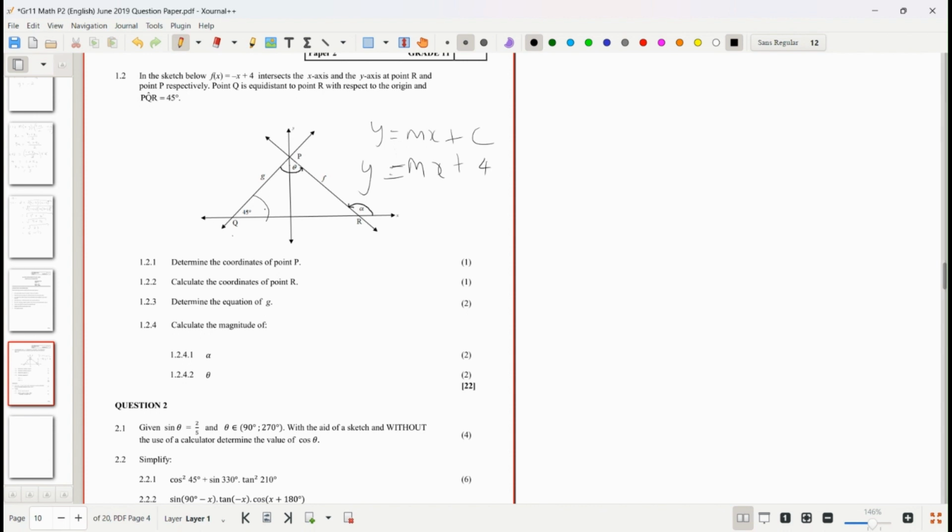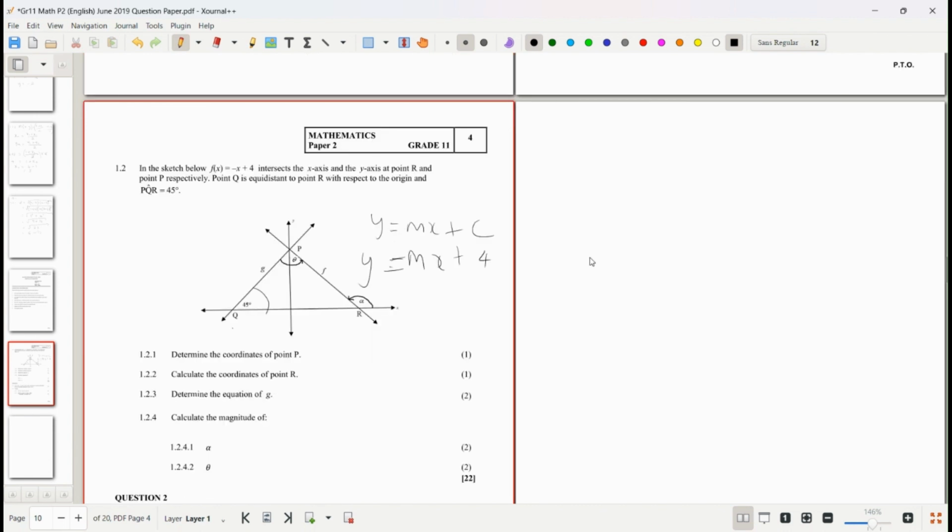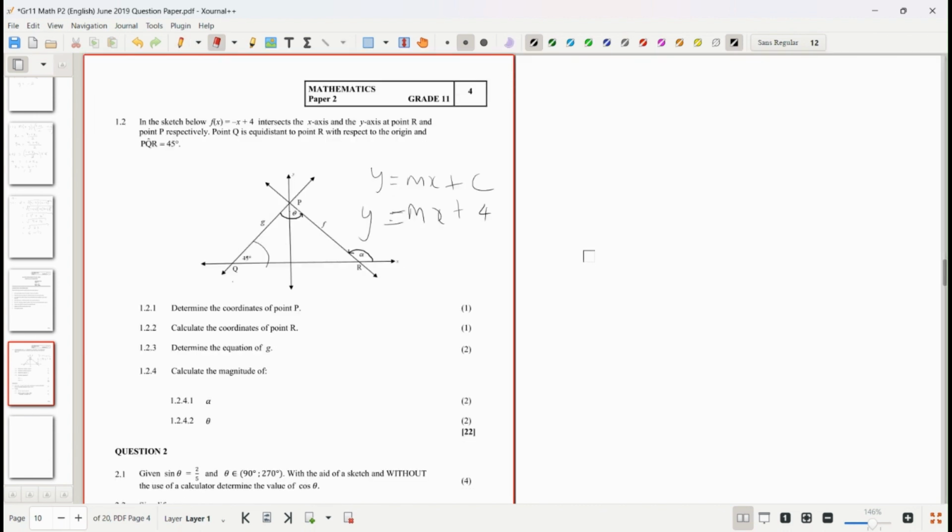We find m by using the angle we're given. If we're given an angle, let me write 1.2.3.